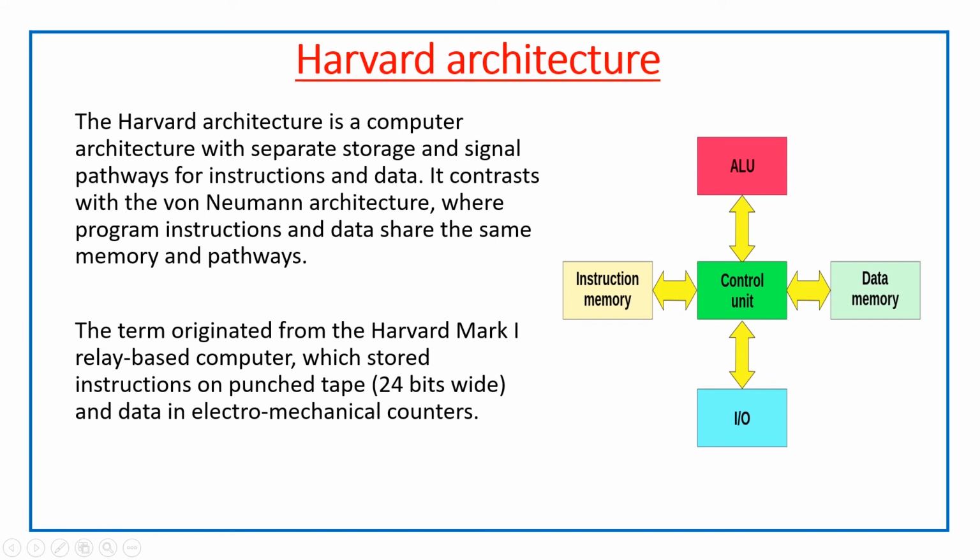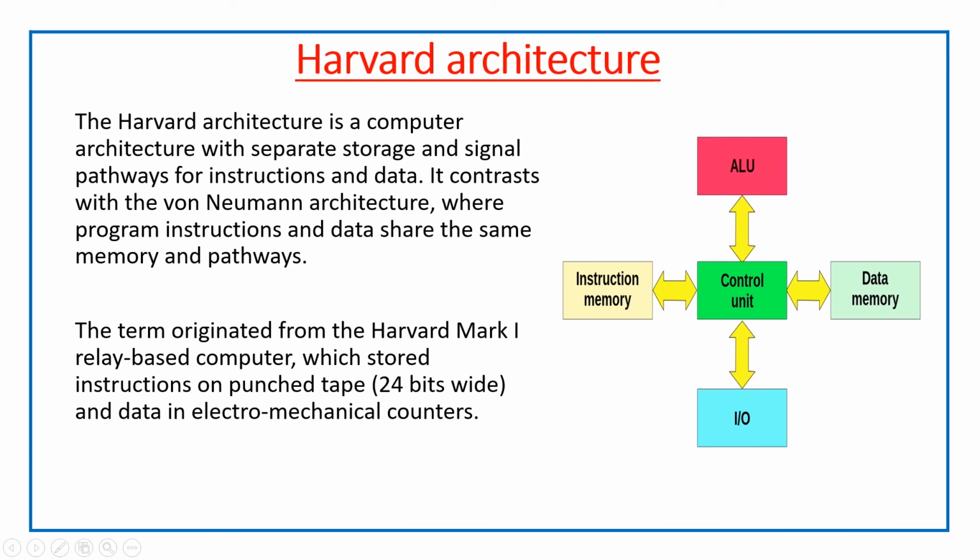Means in von Neumann architecture we have seen a single storage, that is a single memory for data and instruction. But here in Harvard architecture we can see separate storage for data and instruction and single path for instruction and data. And the paths are also different.